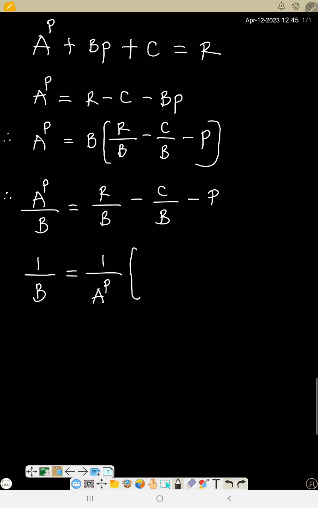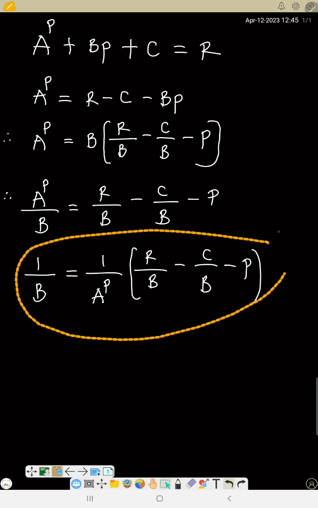Or you multiply both sides by 1 over a raised to power p, here too 1 over a raised to power p, so you can see how it will cancel out. So you can say multiply both sides by 1 over a raised to power p like that. So now 1 over a raised to power p, r over b minus c over b minus p.